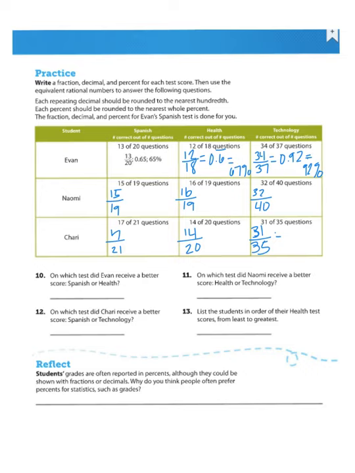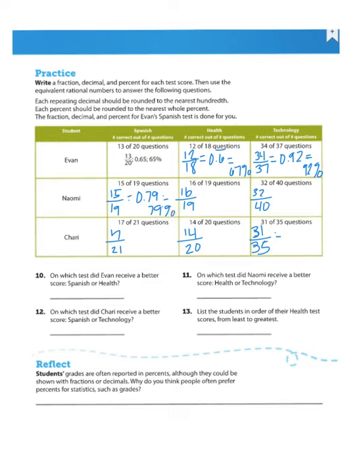I just want two numbers after the decimal point. So I'll do the first one on Naomi, 15 divided by 19. And I get a big long decimal, and it's going to be 0.789. I'm going to round that up to 0.79, and that would be 79%.